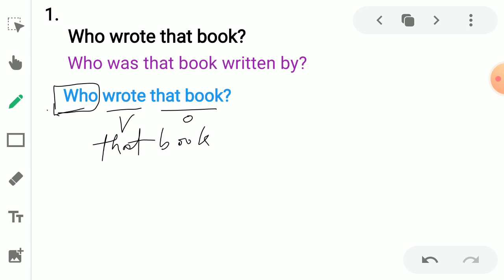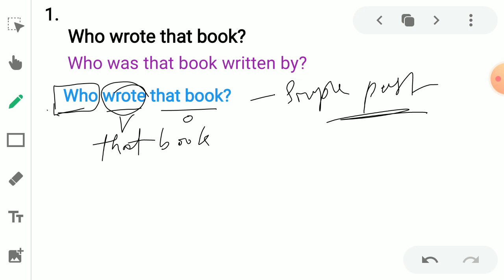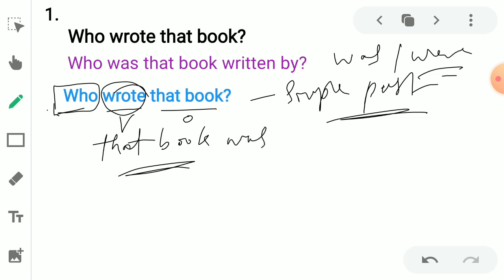The tense is simple past, so in simple past we have either was or were. That book here is singular. That's why let me take was. Was. Wrote. The V3 form of wrote is written. That book was written.